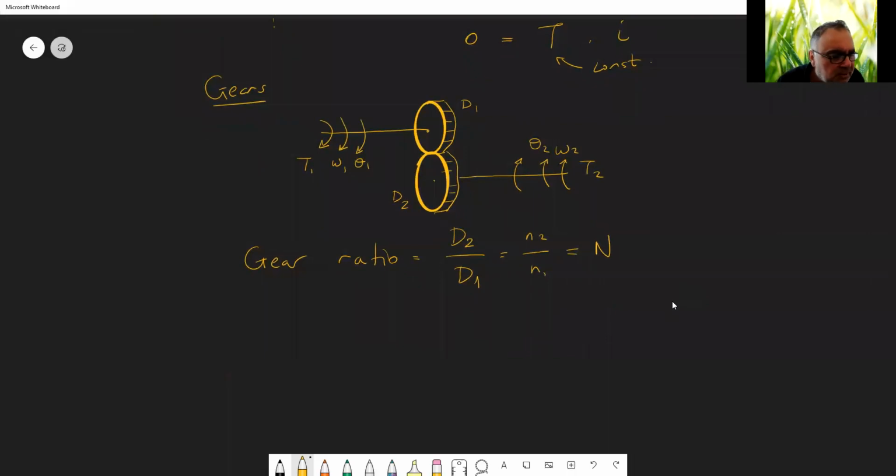Since the velocity at the contacting tooth is the same for both gears, d1 over 2 times omega 1 would be equal to d2 over 2 times omega 2.